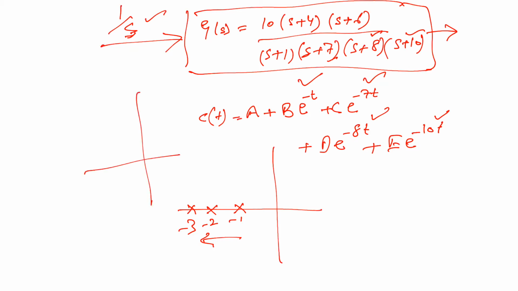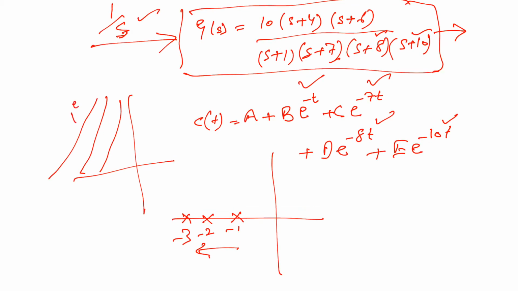If this is first, second and third, then let it be e minus t, then e minus 2t and e minus 3t. The latter will reach 0 faster as compared to the others. So the farther to the left a pole is on the negative real axis, the faster the exponential transient response will decay to 0.